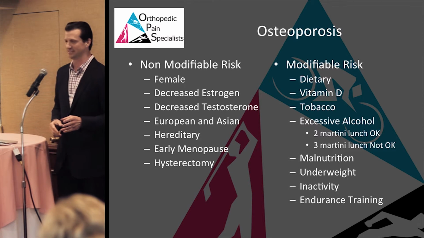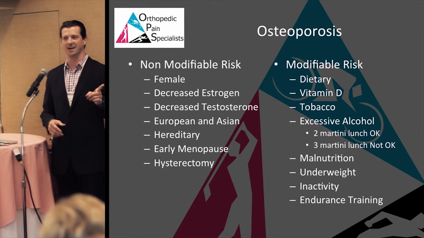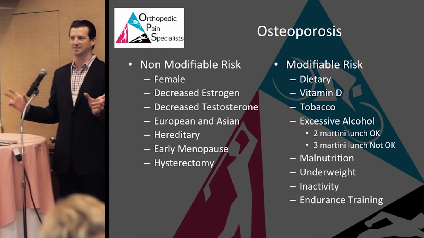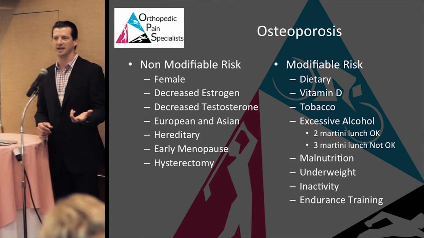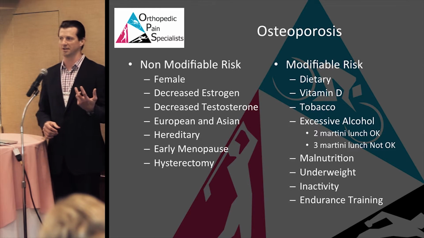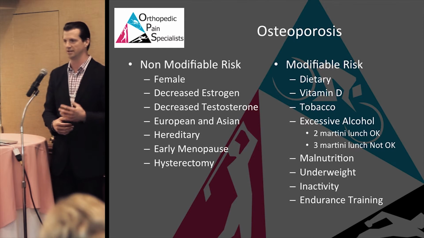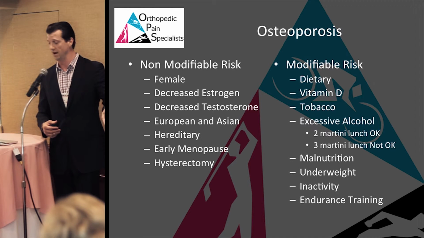So malnutrition, underweight, and then inactivity, but then also endurance training. So it's kind of the two opposite ends of that spectrum. So inactivity, you're not putting enough stress on the bone, so it will not go ahead and remodel the way it should and stay strong, so it starts to just go away.